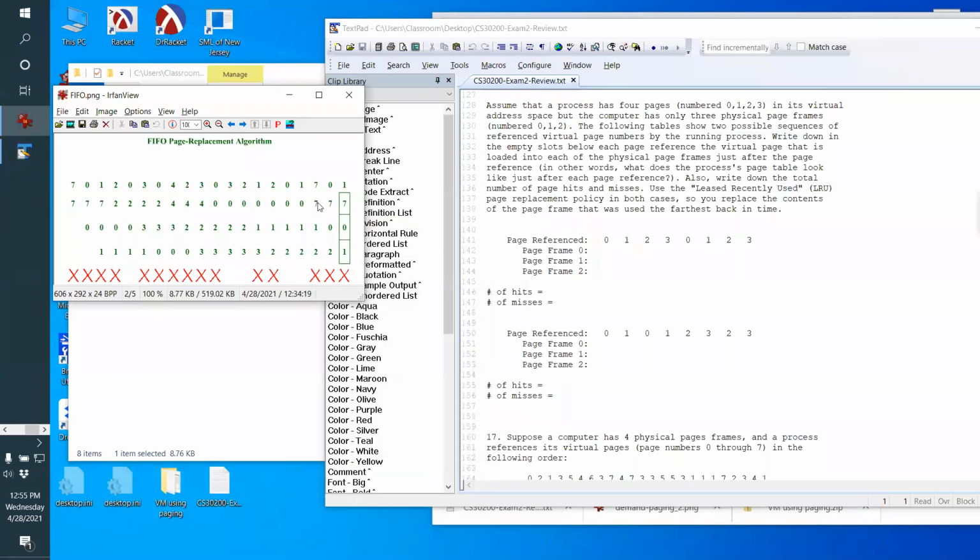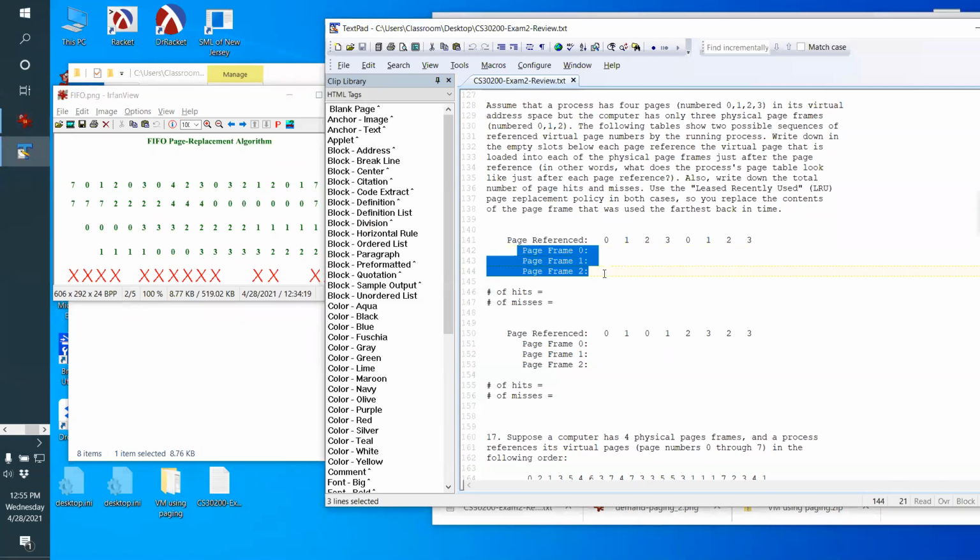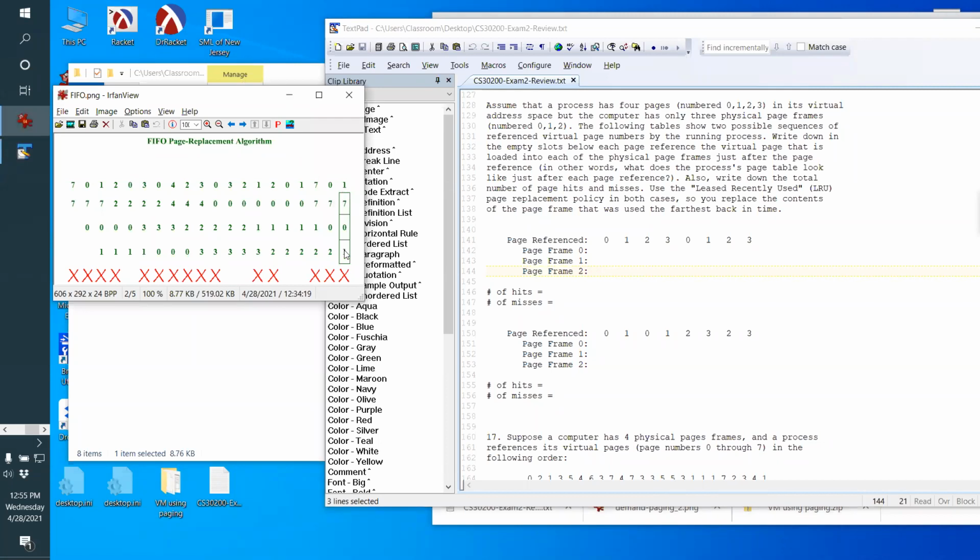So when you look at a picture like this, they're saying there's 3 pages of physical memory, which is not very many. Okay, that's ridiculous. Modern computers have billions of pages of physical memory. But here we're saying, suppose you only have 3 pages of physical memory. When people do these homework assignments, they usually do 3 or 4 pages of physical memory.